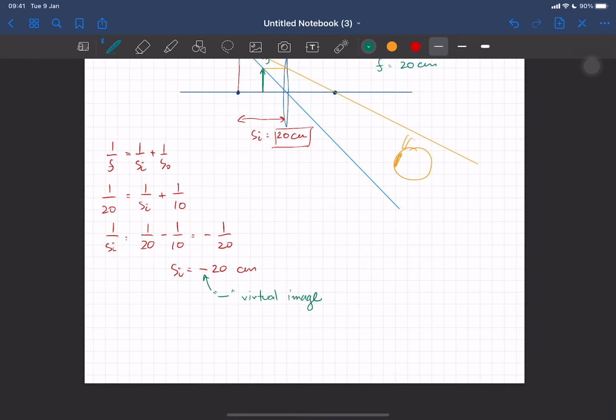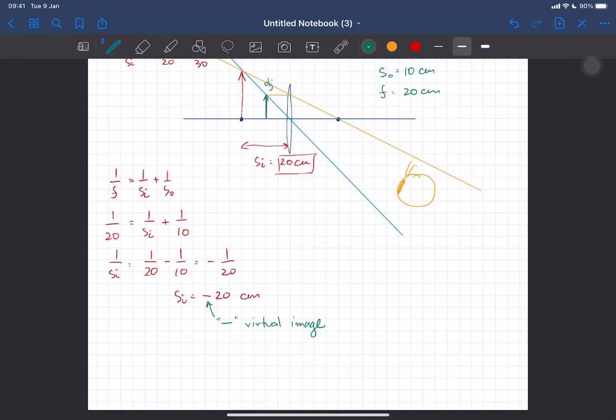All right, so we can summarize this formula by saying that if Si is larger than 0, then we have a real image. And the real image will be on the other side from the object. So if the object is on the left-hand side of the lens, the real image will be on the right-hand side of the lens. So Si will be positive and the image will be upside down.